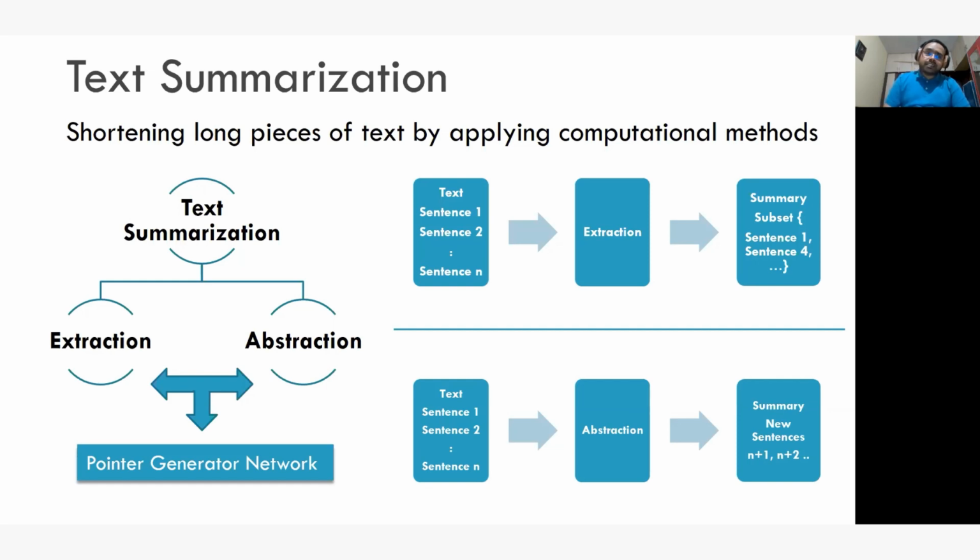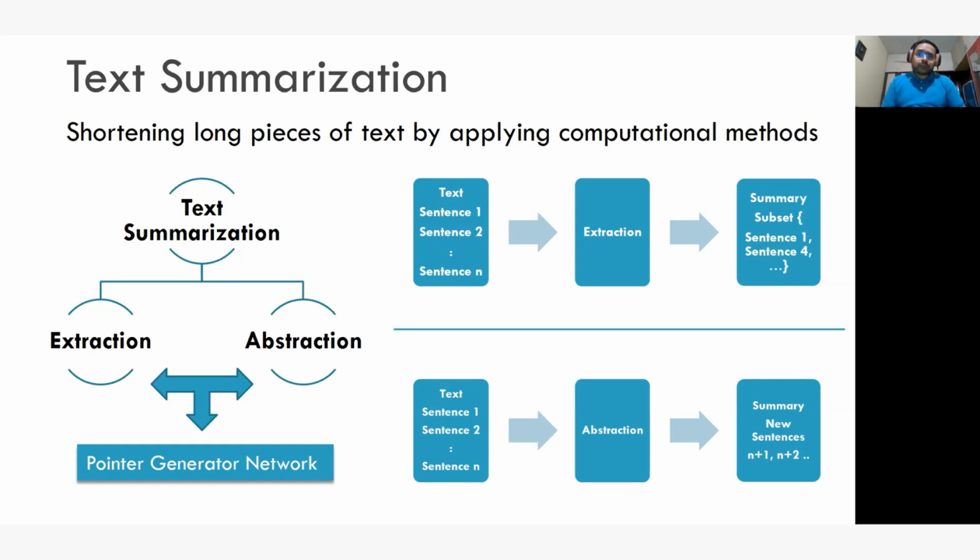Text summarization is nothing but shortening long pieces of text by applying computational methods. Say, for example, you have a large document which consists of hundreds of paragraphs. Then we are going to apply some computational methods. For example, we may have to tokenize the sentences, then assign ranks to the sentences, then pick the top ranked sentences.